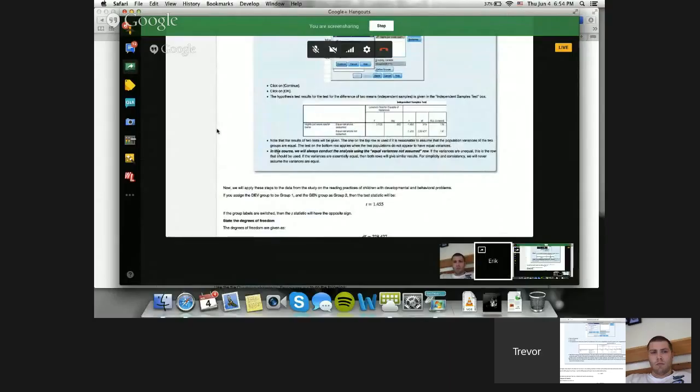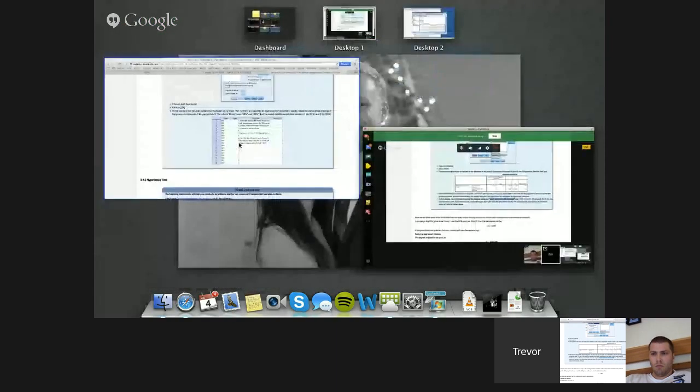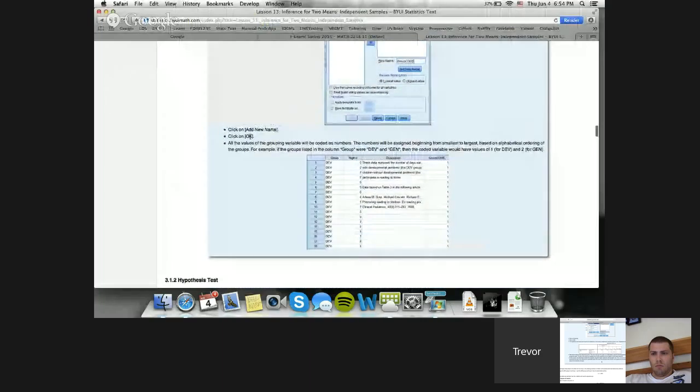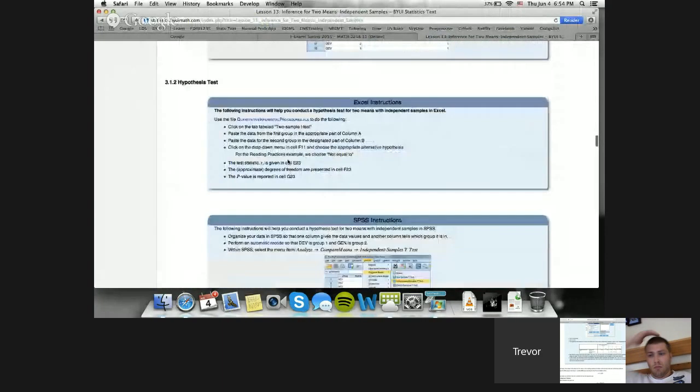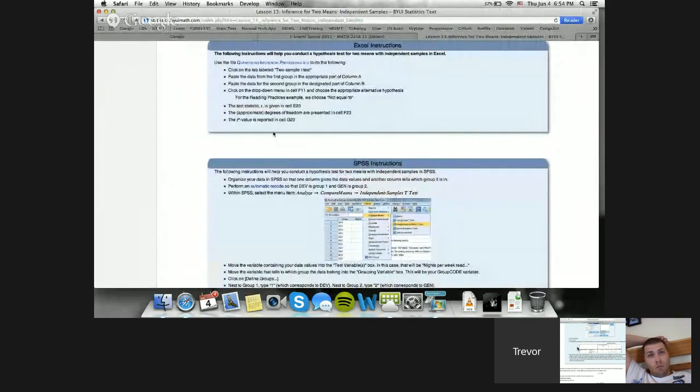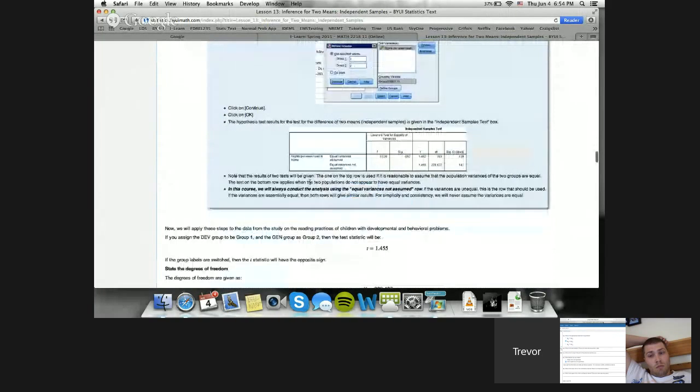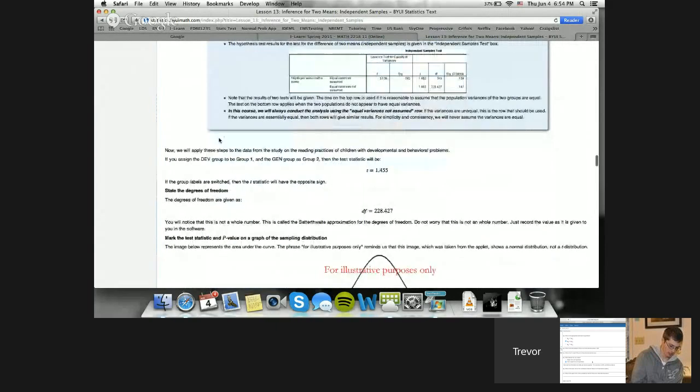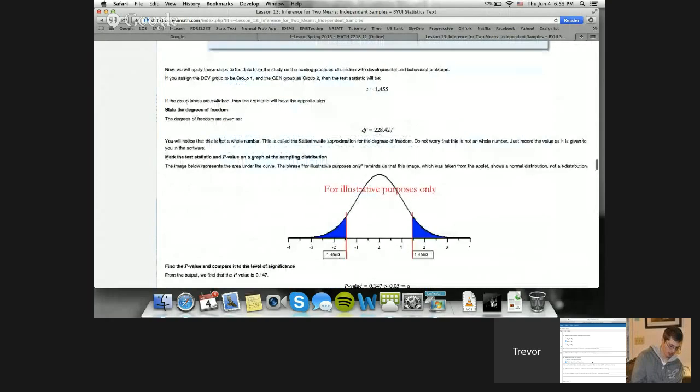Do not agree. In this course, we will always conduct the analysis using the equal variances assumed row. I'm going to try the equal variances. Okay. Could it just be a glitch in the system too? Yeah, I think it is just a glitch.